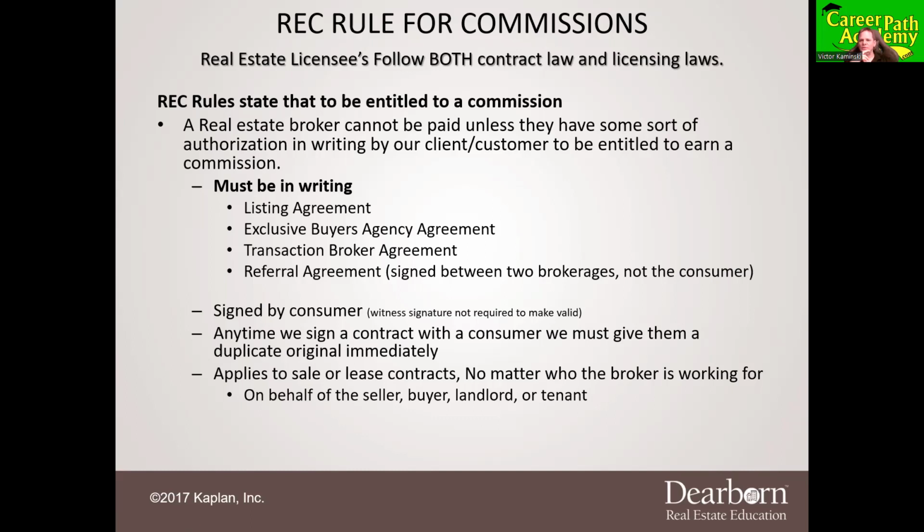That would be either a listing agreement, an exclusive buyer's agency agreement, a transaction broker agreement, or between brokerages, a referral agreement, to ensure we're getting paid. It has to be signed by the consumer or the other broker. And anytime we sign a contract with a consumer, we must give them a duplicate original. That applies to sales or lease contracts, no matter who the broker's working for.